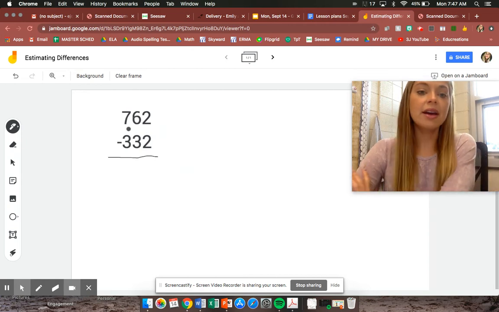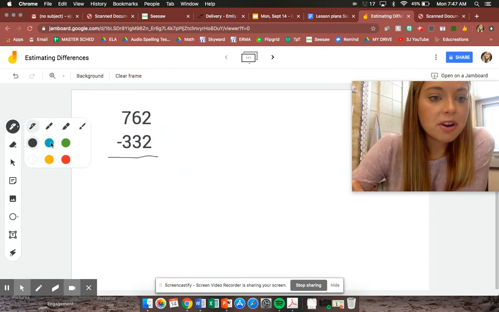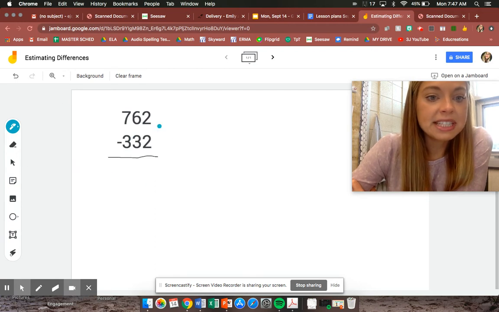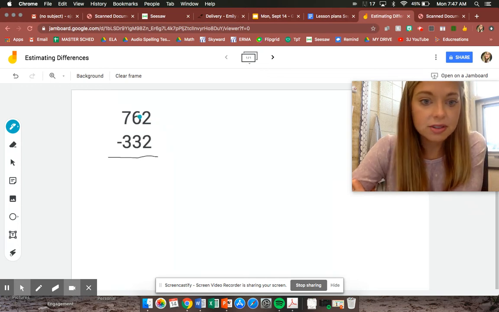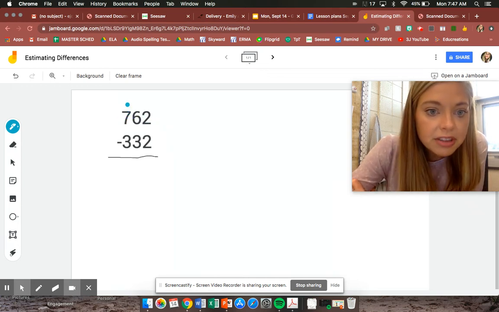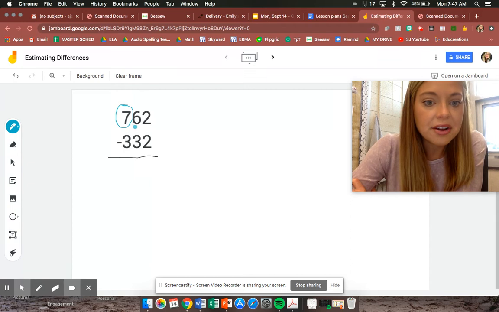So we can estimate. Okay, so remember in our rounding rap song, it says find the place value, circle the digit, and the place value that we're rounding to is nearest 100. So I'm circling the number in the hundreds place here, which is the 7. Move to the right and underline it.